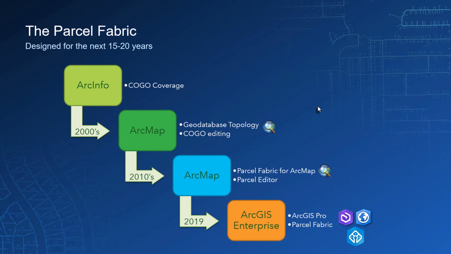And in 2019, we released the ArcGIS Pro Parcel Fabric, or the new Parcel Fabric, which works not only on the ArcGIS Pro client, but across the enterprise using ArcGIS Enterprise. You can even consume that in AutoCAD if you wanted to, because it's just a bunch of web services.